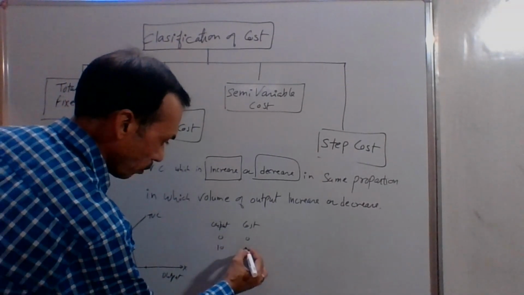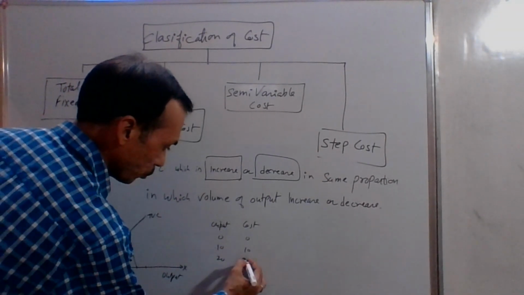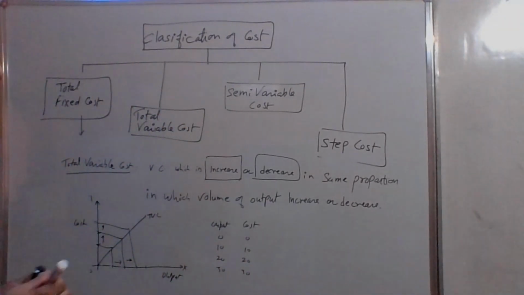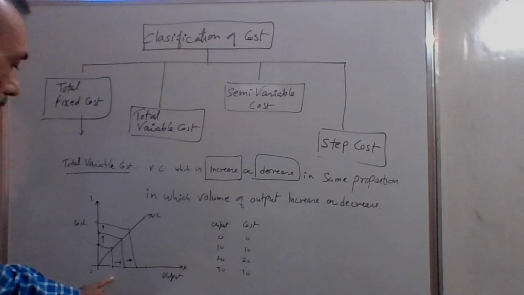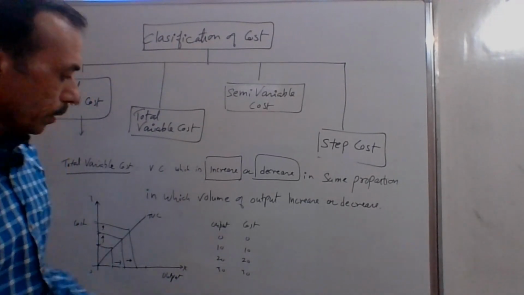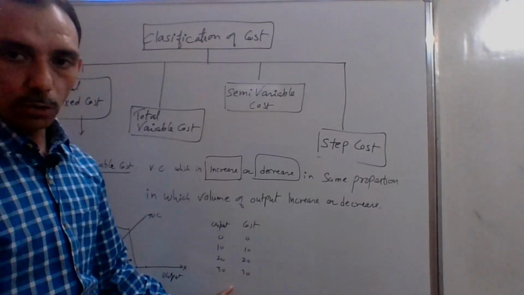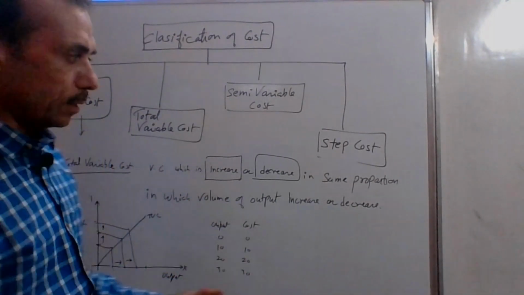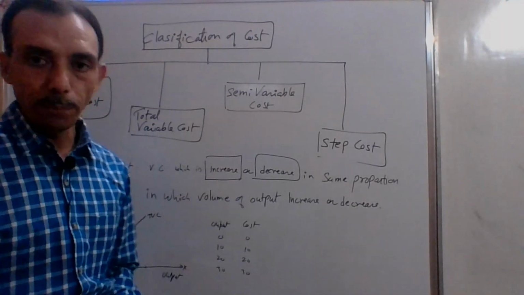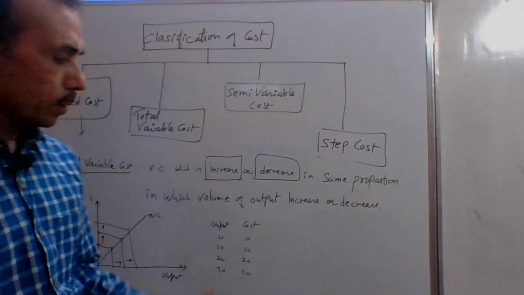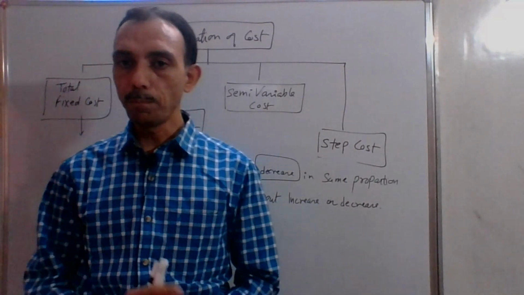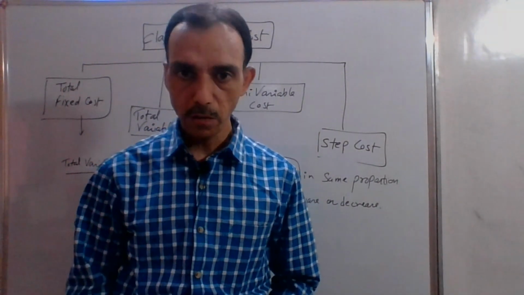Output 10, cost 10. Output 20, cost 20. Output 30, cost 30. Hence, the variable cost directly depends on the output. Total variable cost is variable, while per unit variable cost is fixed. I repeat, total variable cost is variable while the per unit variable cost is fixed.